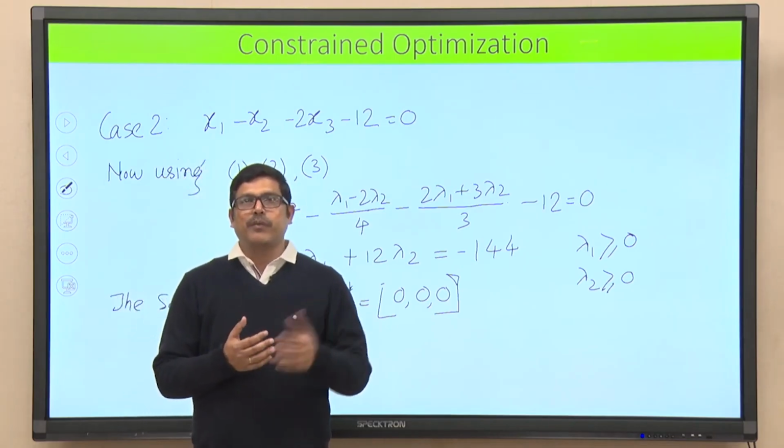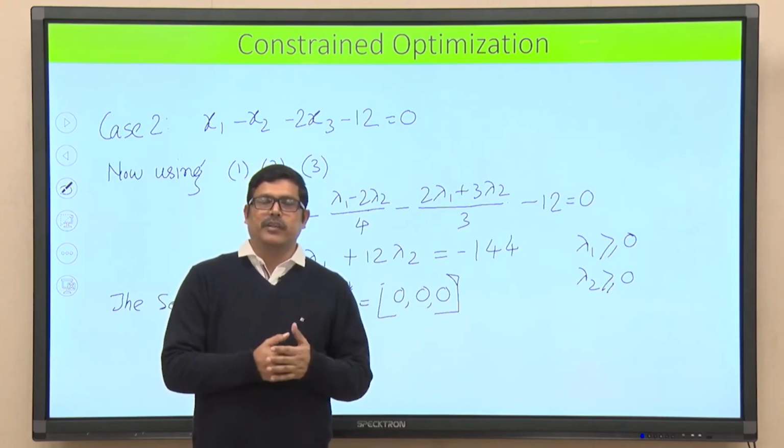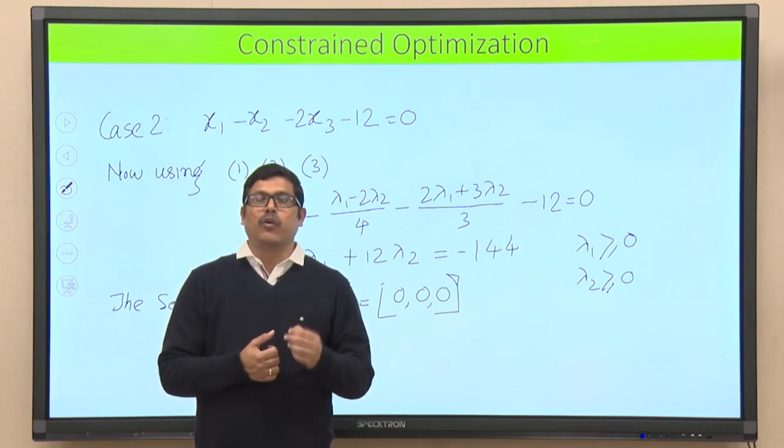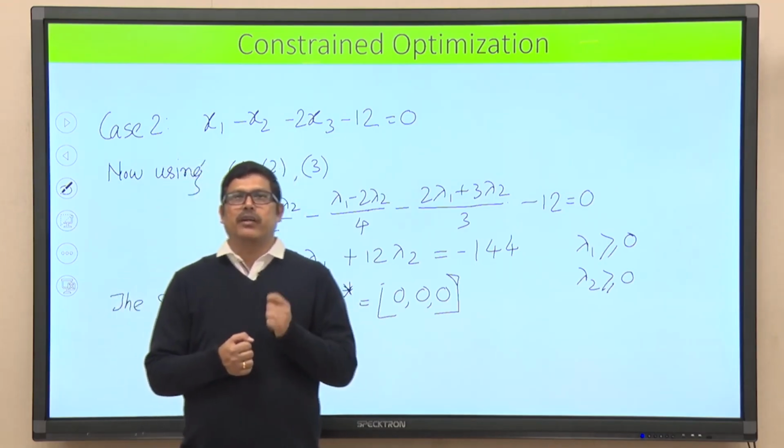But for a convex problem, these conditions are both sufficient and necessary for global optima. So, you will get the global optimal solution if the solution satisfies the Kuntakar conditions.